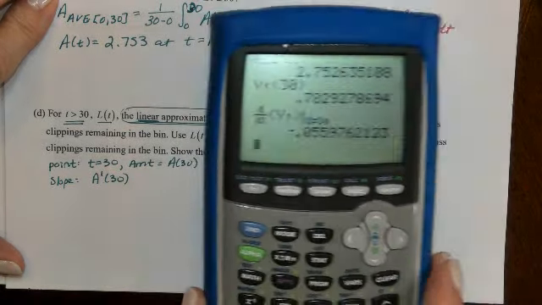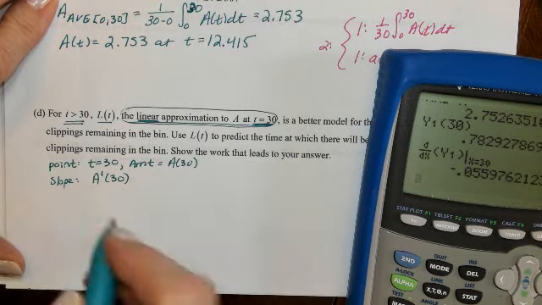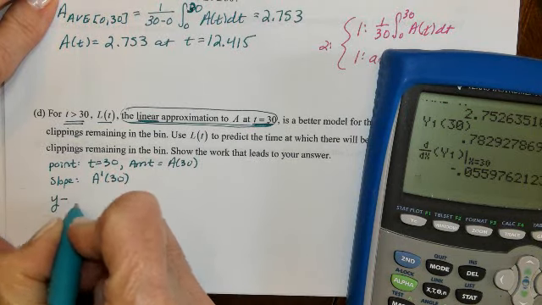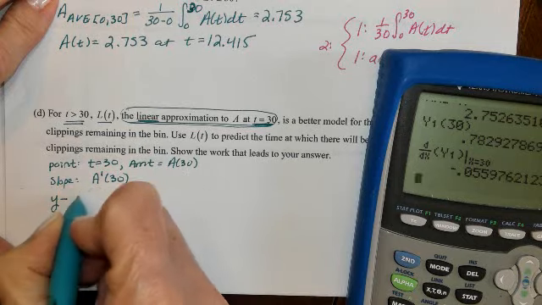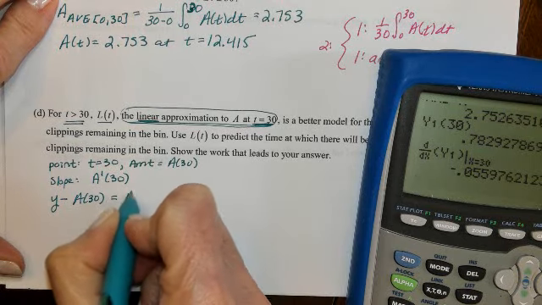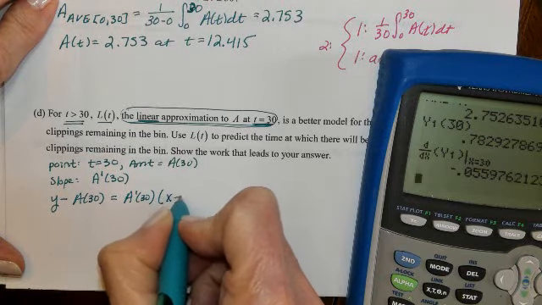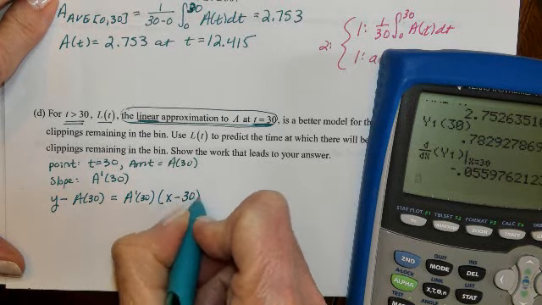So I know the point and I know a slope. So I can write the equation of the line: y minus the y value, A at 30, must equal the slope times x minus the x value, 30.